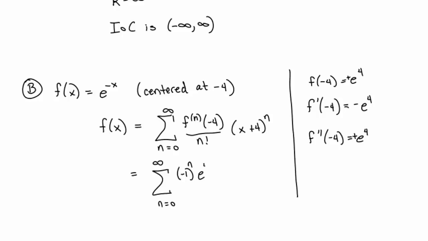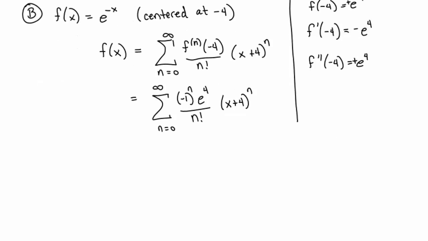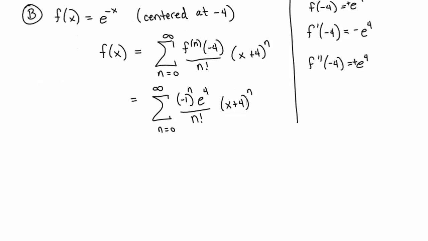And then times e to the 4th all over n factorial x plus 4 raised to the nth. All right, so far that looks pretty good. So that's the Taylor polynomial expansion for e to the negative x. In fact, I should probably write that out. But that expansion happens to be centered at -4.